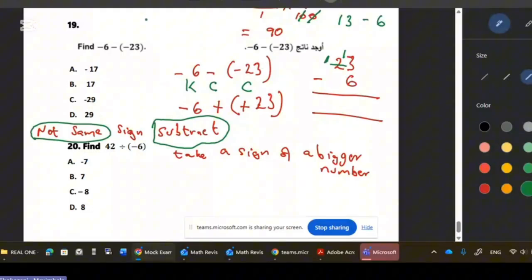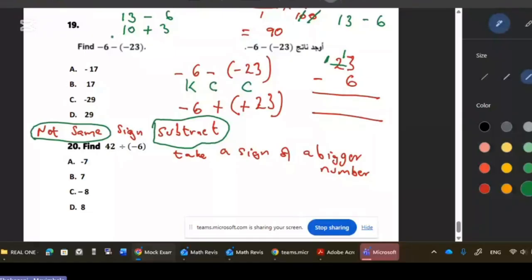If you forget again, boys, let me repeat. If you forget how to subtract, you can separate 13 minus 6 like this. You have 13, minus 6. I can separate 13 as 10 plus 3.